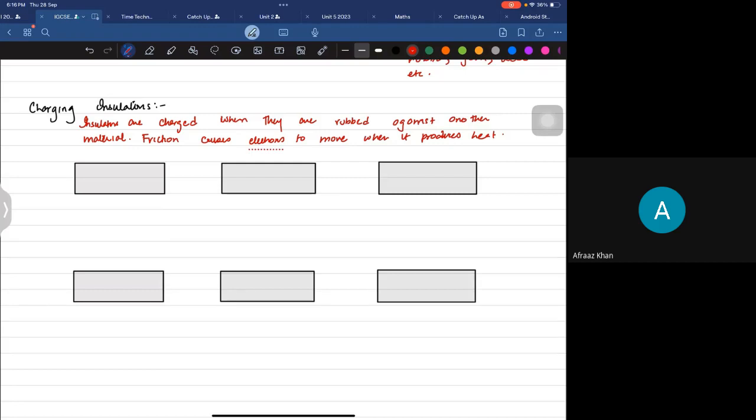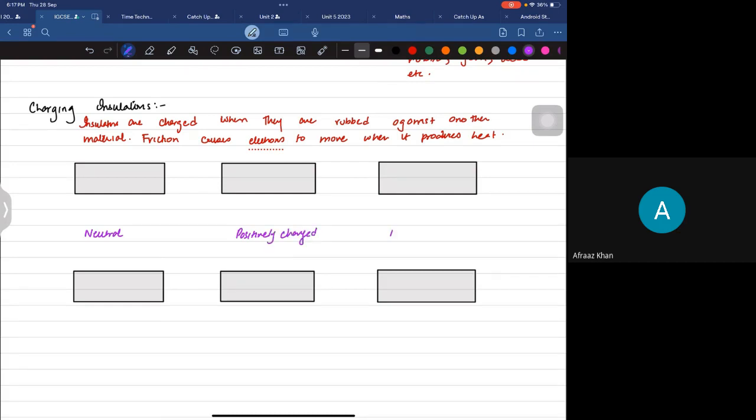Now, keeping that in mind, I just want to comment on this, that there could be three different things. We can call some materials neutral. We can call some positively charged.